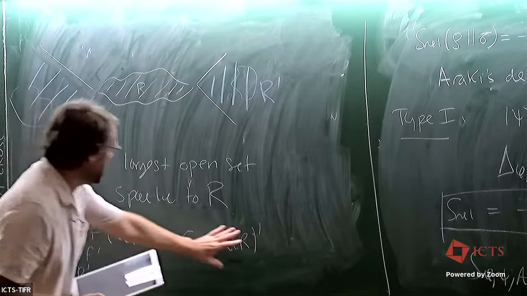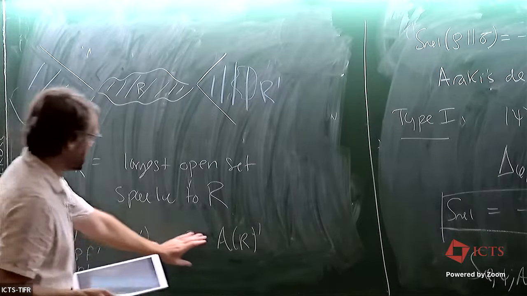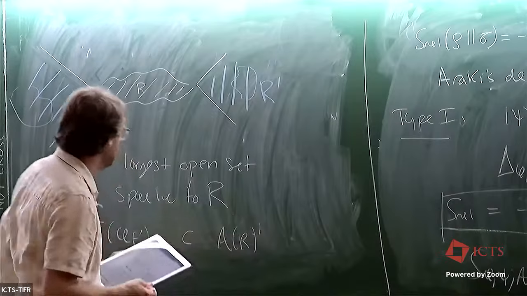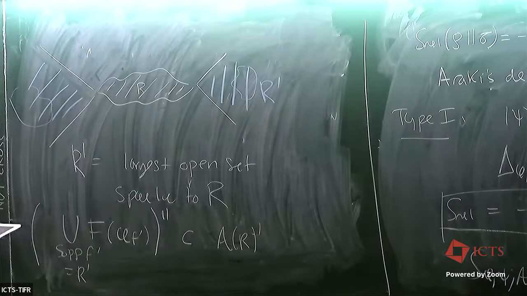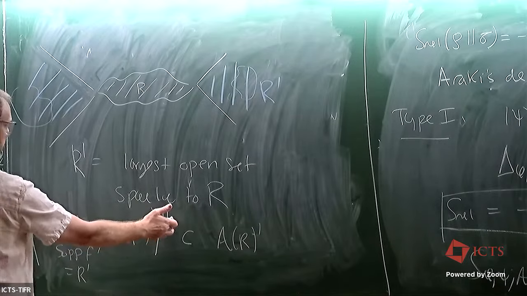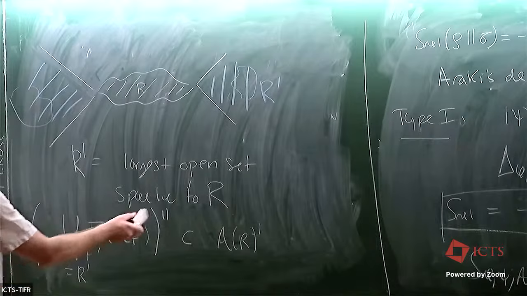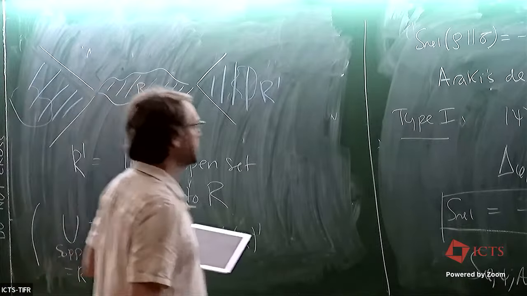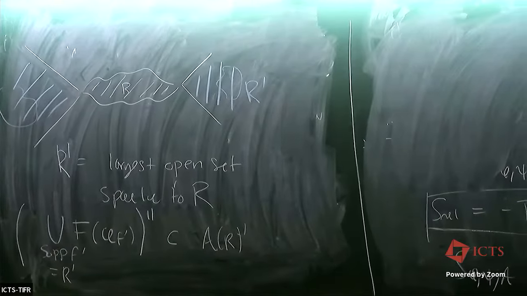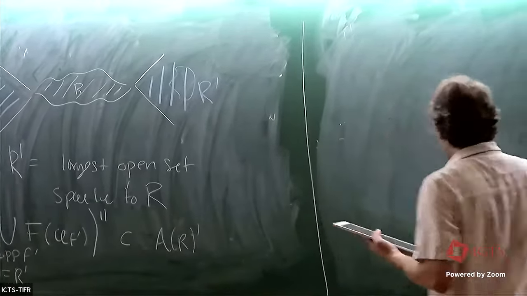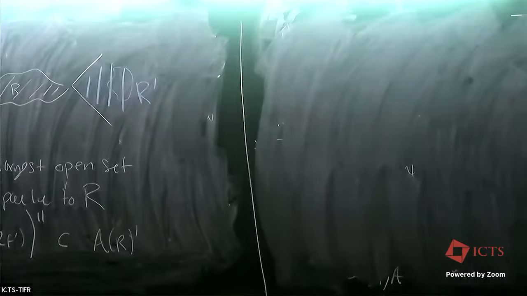Okay? This is not an algebra, but because it's a subalgebra of a von Neumann algebra, I can take its weak closure and still have the same equation. Right, because this is like the smallest possible von Neumann algebra that contains this. So that has to be true. So that gives the following equation.